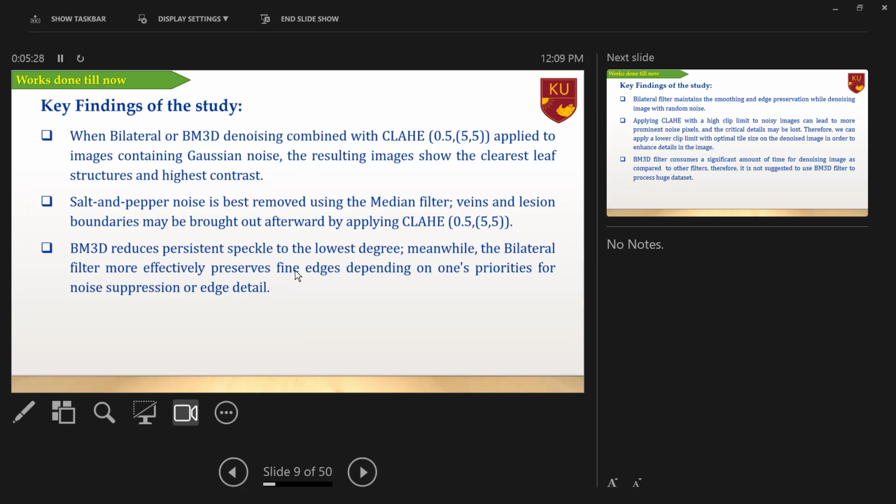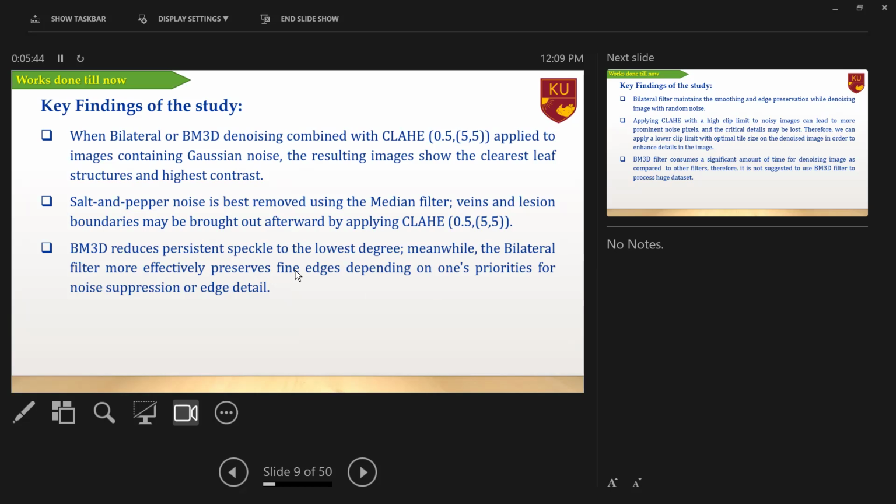So in the previous work, we have seen that for different types of noise, we have to apply different types of filters with different tuning. Different parameter tuning is required for different types of noise.